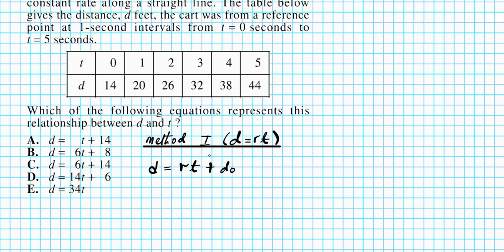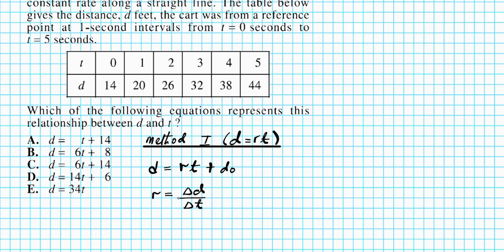The rate can be thought of as the slope, the rise over the run. So the rate is basically change in d divided by change in time, or y2 minus y1 divided by x2 minus x1. In this case, d are your y's.